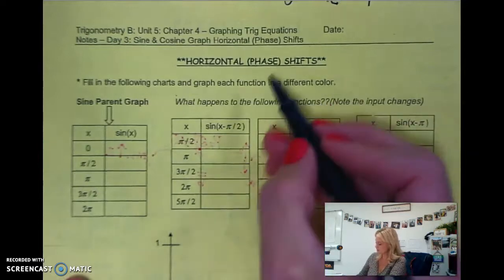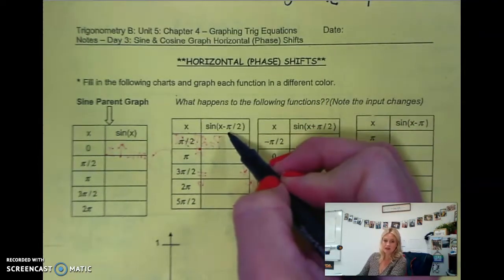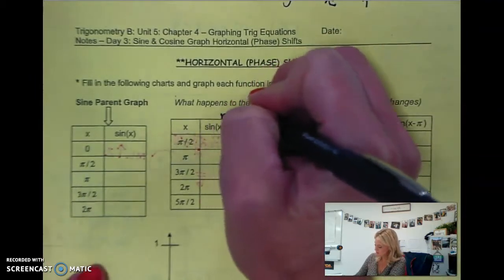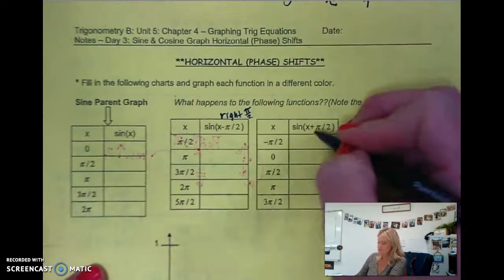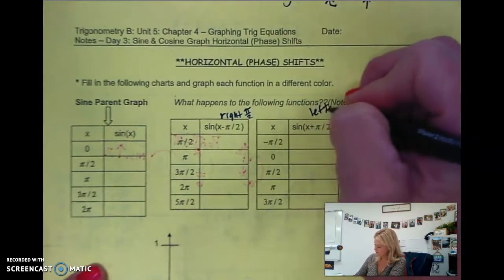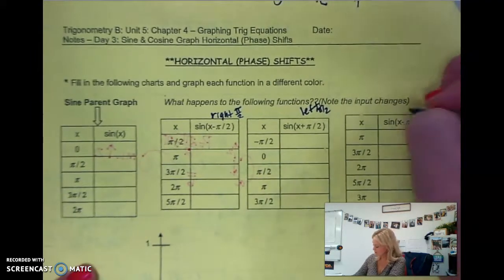So if you look here, instead of negative half a pi, this is going to go to the right half a pi. This is going to go to the left a half a pi. And this is going to go to the right a full pi.